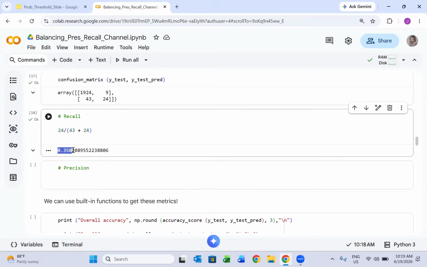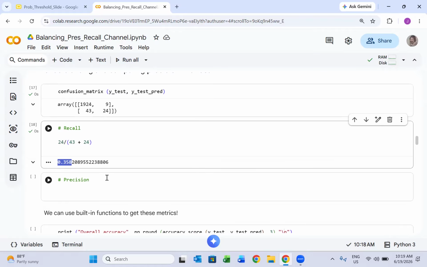Okay, so let's compute the precision. And again, let's first define precision, and then let's try to compute it. So what's precision, guys? Precision is the proportion of the total number of positive observations predicted by the model that are actually positive. So don't get confused.